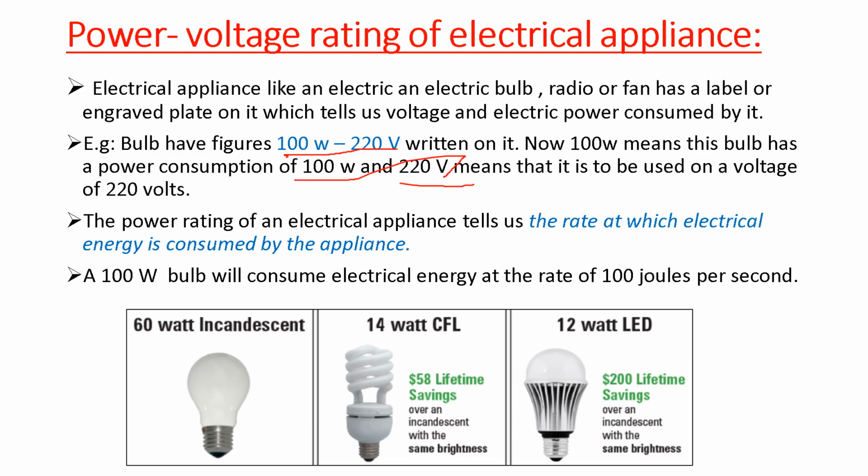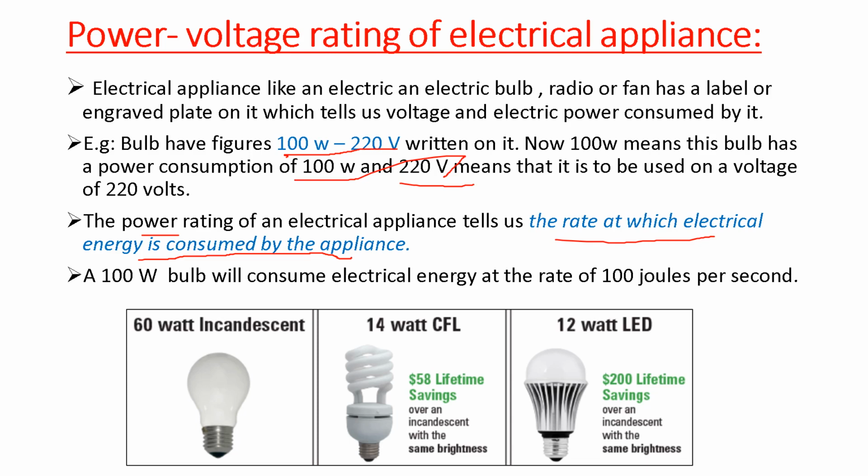This rating gives us an idea about the rate at which electrical energy is being consumed by the appliances. For example, we know that the electric energy consumed by a refrigerator is more compared to that of a bulb, because the power rating of a bulb is less compared to the refrigerator.